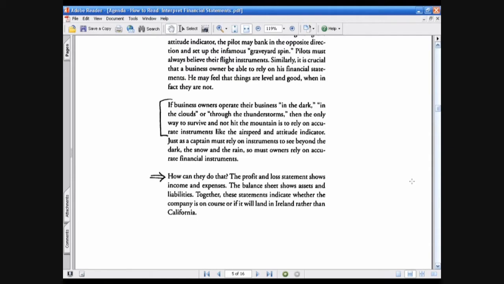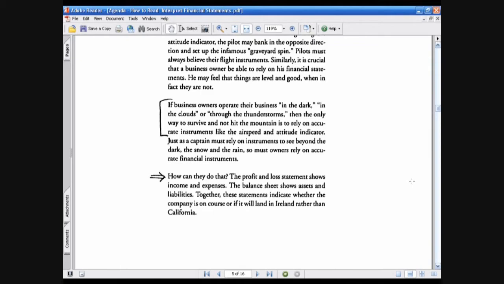If business owners operate their business in the dark, in the clouds, or through the thunderstorms, then the only way to survive and not hit the mountain is to rely on accurate statements, like the airspeed and altitude indicator. Just as a captain must rely on instruments to see beyond the dark, the snow, the rain, so must owners rely on accurate financial statements.